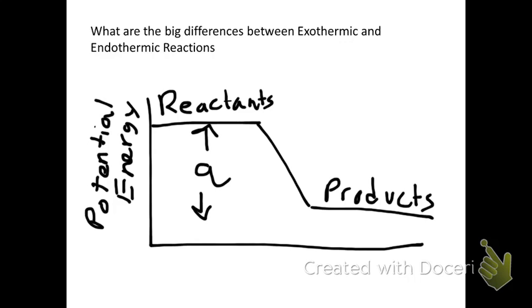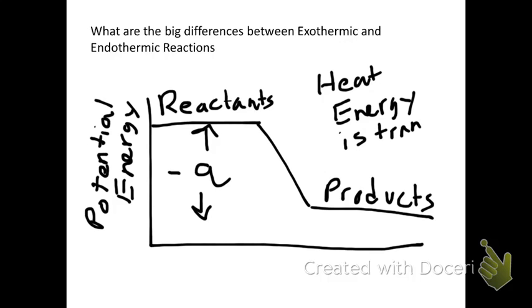And since the reactants are losing energy, the sign for Q is going to be negative because heat energy is being transferred. From where?